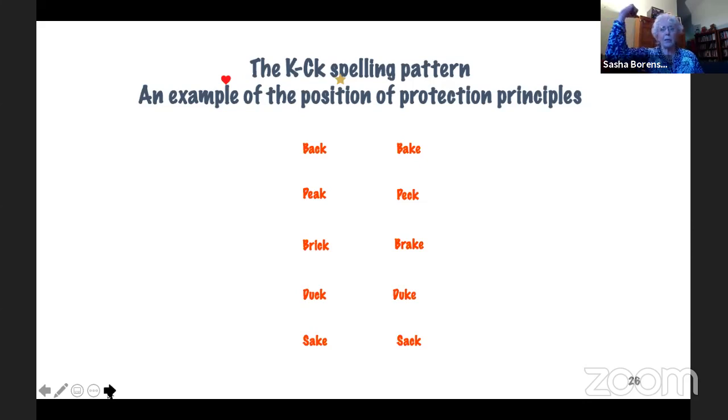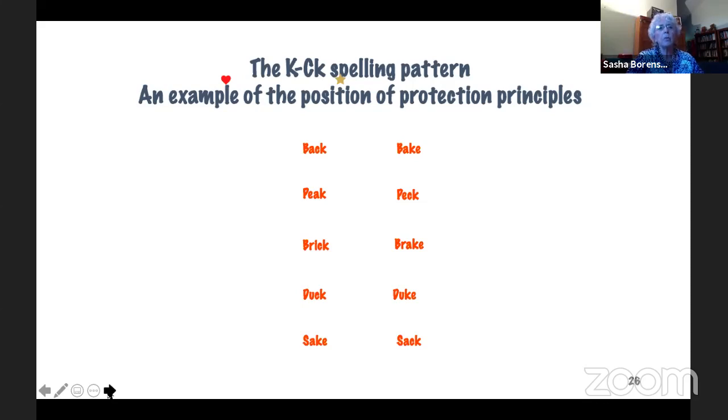Bake is a strong vowel because it's A-E. In the word back, how did I spell the k sound, with a K or CK? CK. And in the word bake? With a K. I'm going to ask these questions over and over, and when you know the pattern, put your thumb up.